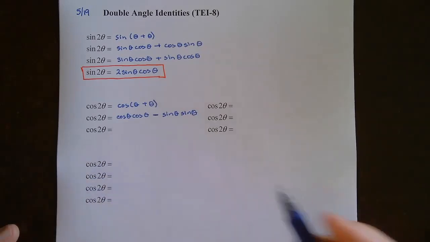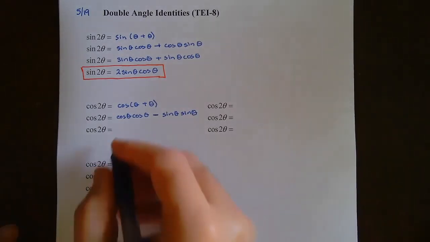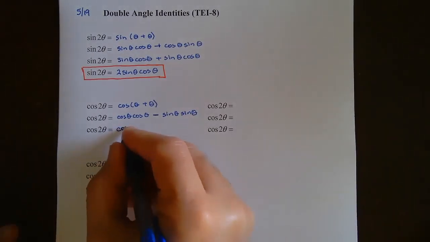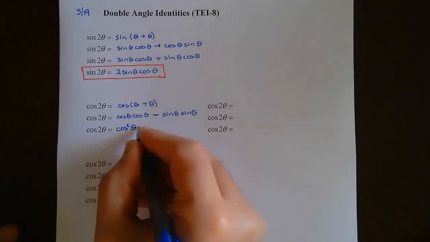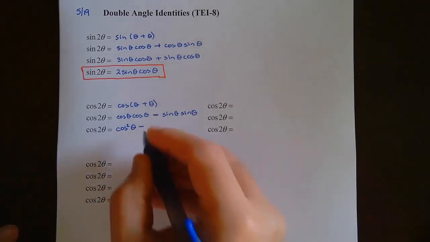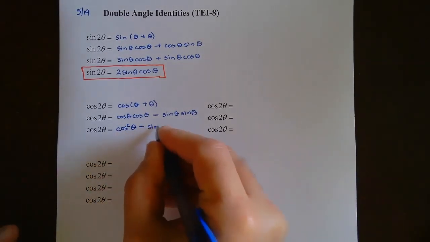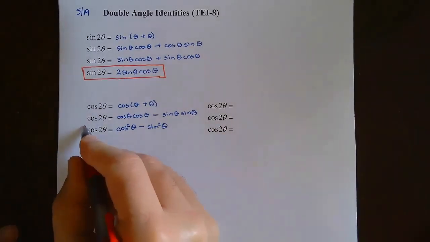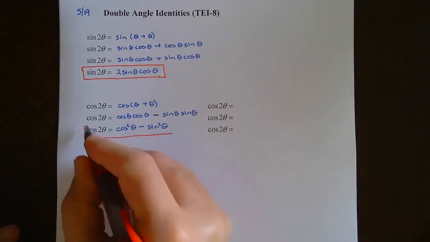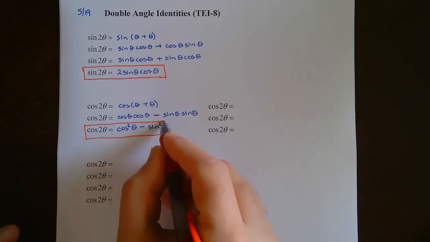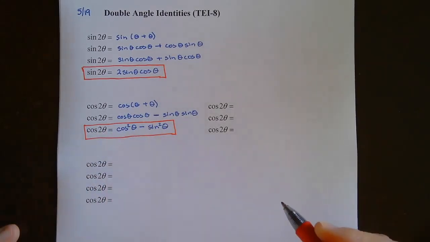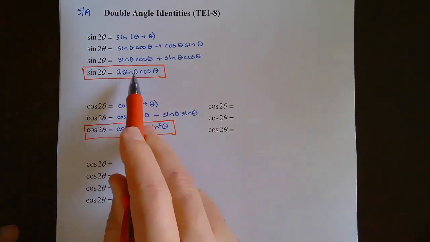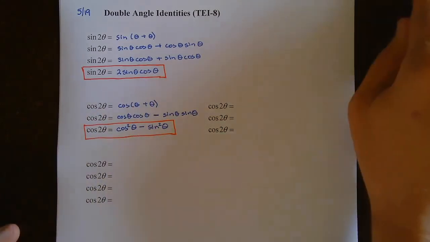Cosine theta times cosine theta is cosine squared theta, and sine theta times sine theta is sine squared theta. So cosine 2 theta is cosine squared theta minus sine squared theta. Of all of these, the one I see most often used is this one, and that's why I started with it.